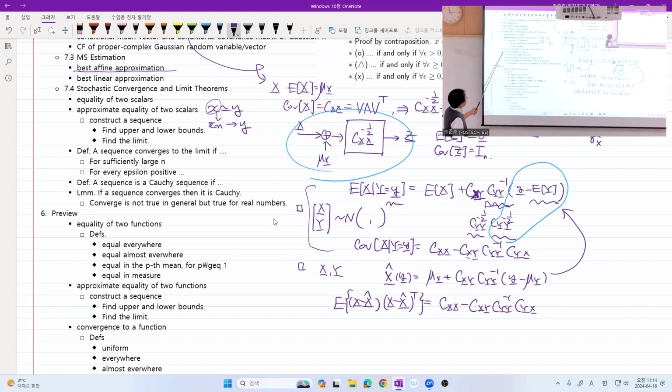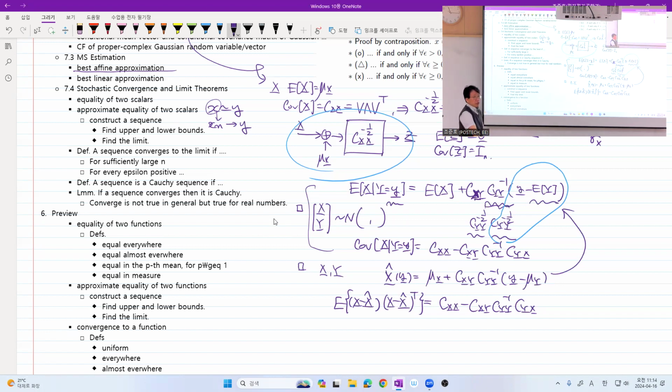Anyway, in order to talk about the limit and convergent sequence, we had to review the notion of a convergent sequence. Here, you must remember that the original definition includes the limit. So you have to have the sequence and also a candidate for the limit.